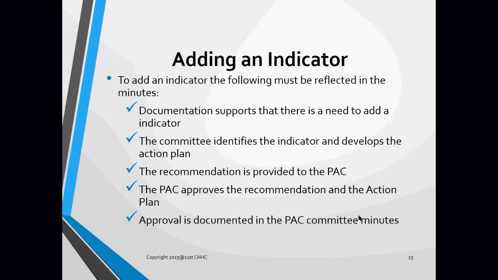The committee then is going to identify the indicator and develop the action plan. The action plan is going to be recommended to the PAC, who's going to approve it, and then that's going to be documented in their committee meetings. And remember, all of those elements on that action plan need to be included for it to be effective.